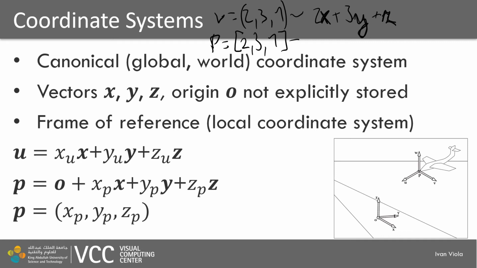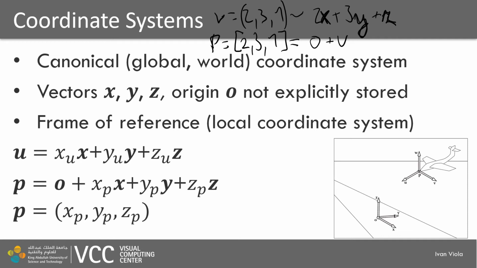So this is really equal to O plus V, which brings us from the origin position through the offset vector V to the point P. So we can see it here also described, where one of our vectors is u, which is defined by the multipliers of our basis vectors x, y, z.